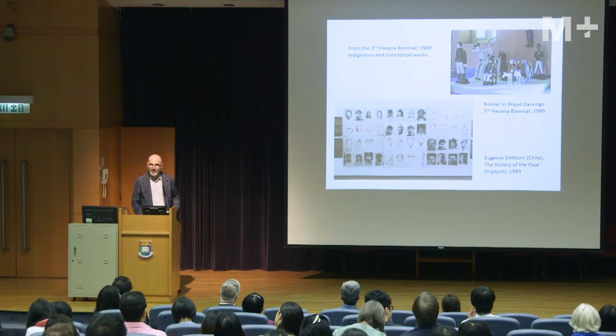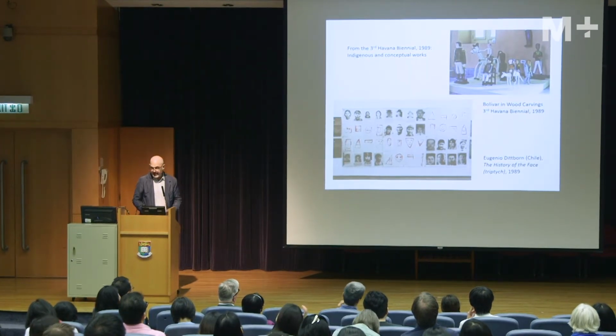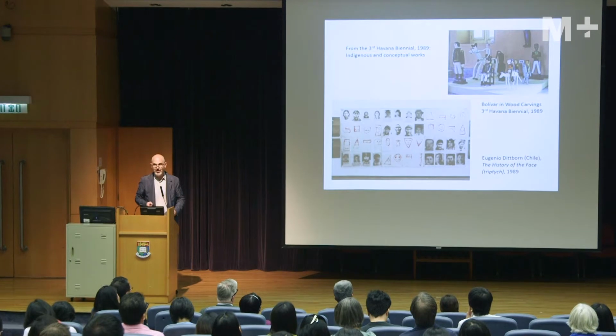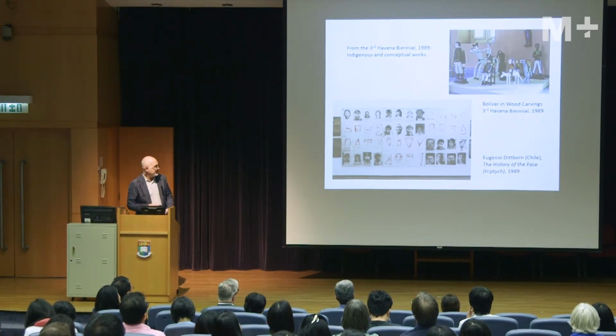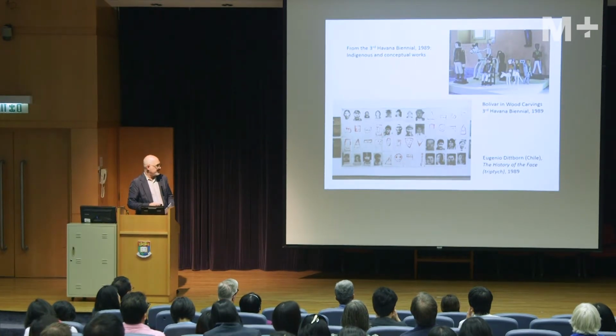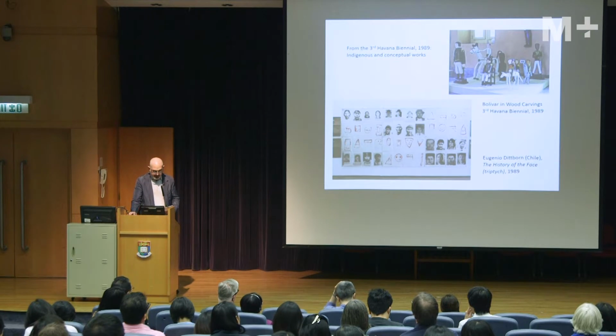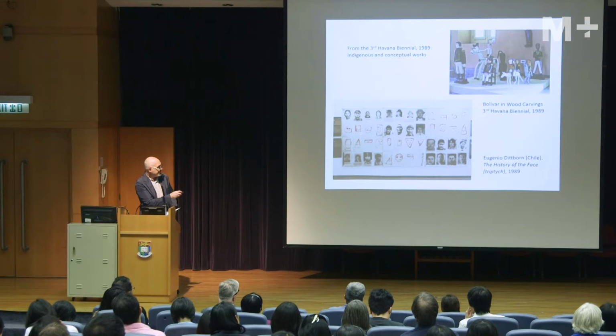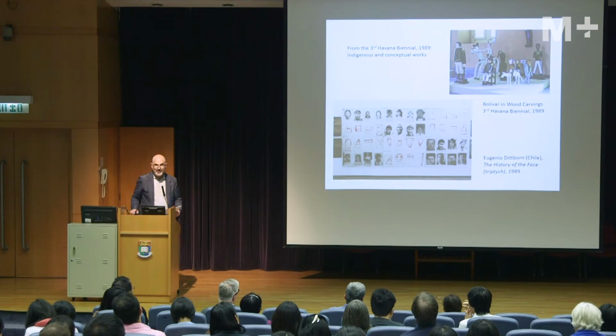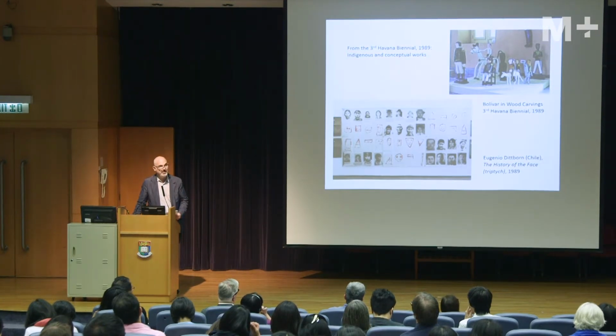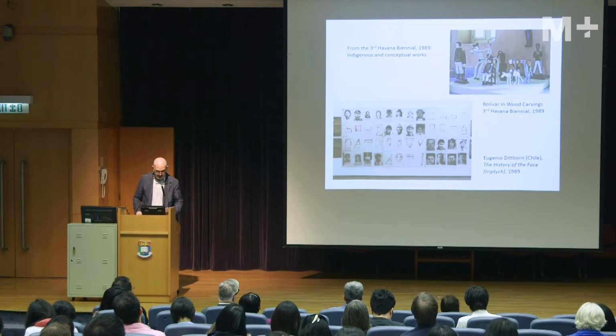Here I'm showing you just one of many juxtapositions that occurred within the exhibition. Again, these are all large sprawling events that I'm just showing you as sort of signs. But on the one hand, there's the conceptual Chilean artist Eugenio Dittborn, who made mail art, including faces taken from police records, newspapers, and also these little doodlings, versus a bunch of wooden indigenous figures made of the liberator of Latin America from the 19th century, Simón Bolívar.